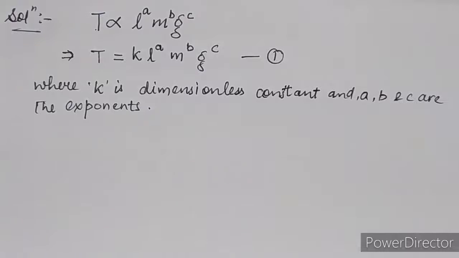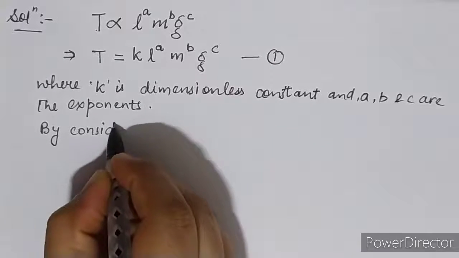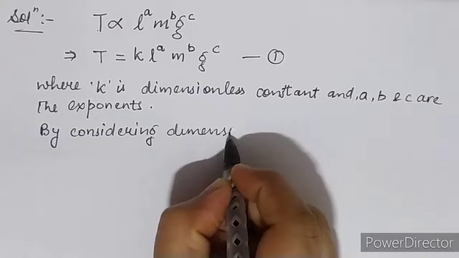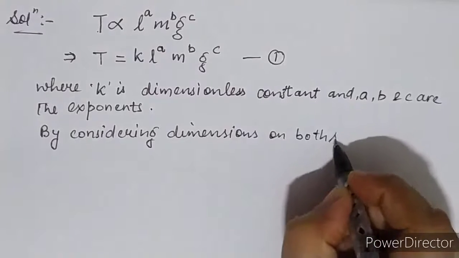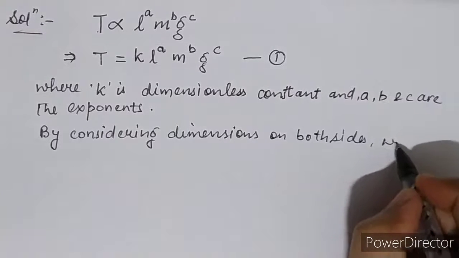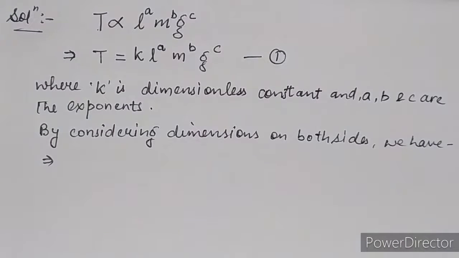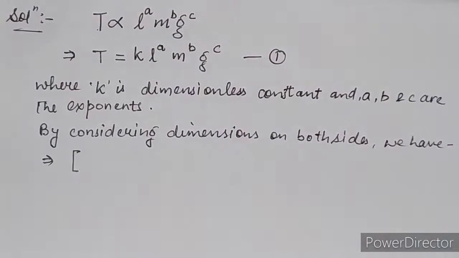Okay, now what we are doing, we are considering the dimensions on both sides. So by considering dimensions on both sides, first of all I have to write the dimensional formula of time period T. Now you know the time period T has the unit second.